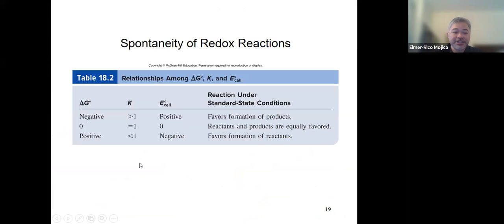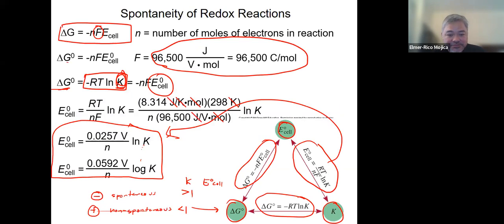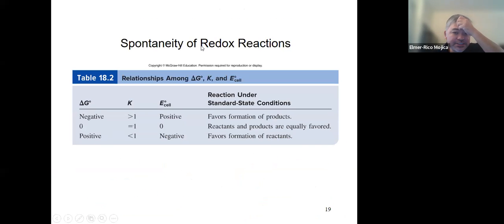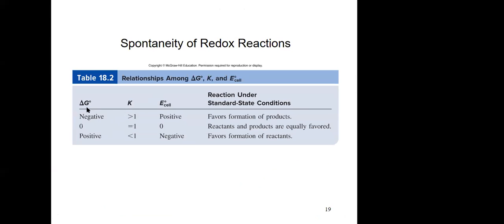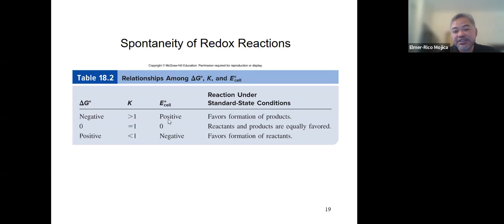Now, let's summarize what I'm writing here. If the delta G is negative, the K is more than 1, and the cell potential is positive. If the delta G is positive, the K is less than 1, and the cell potential is negative.